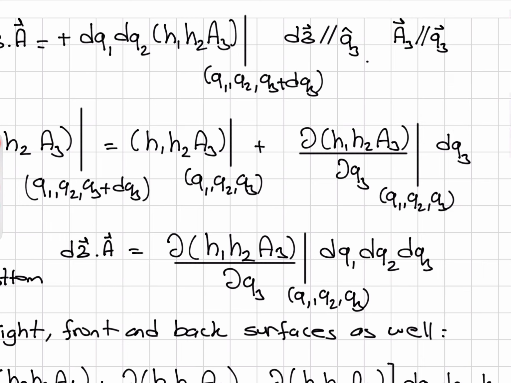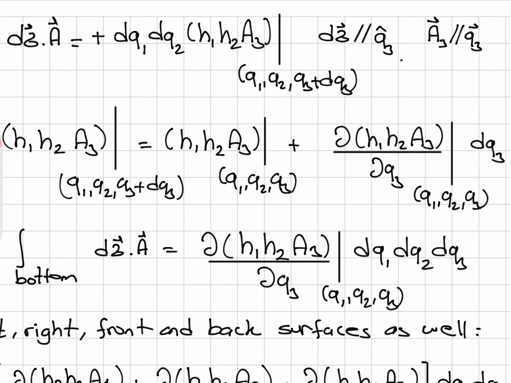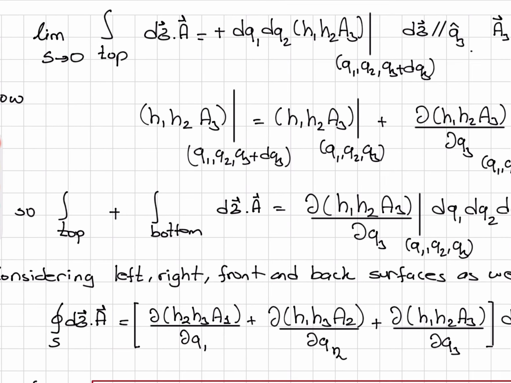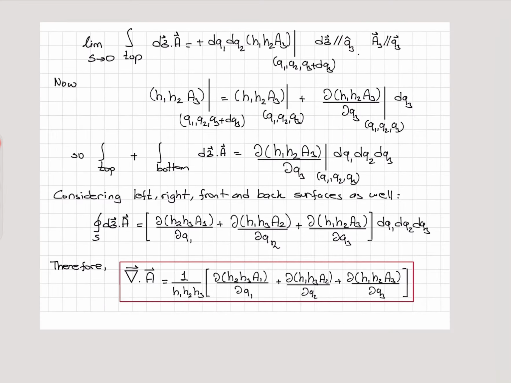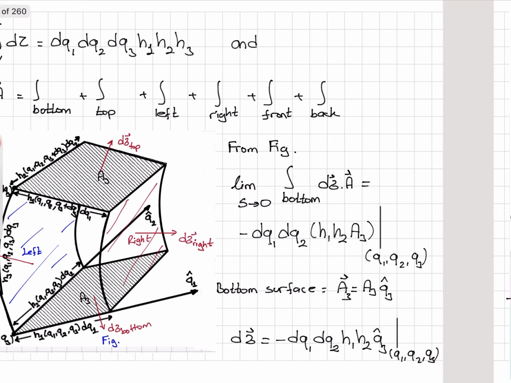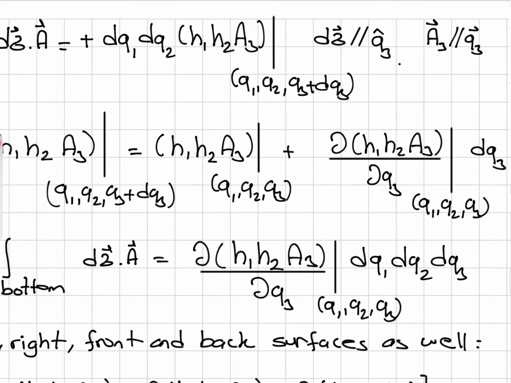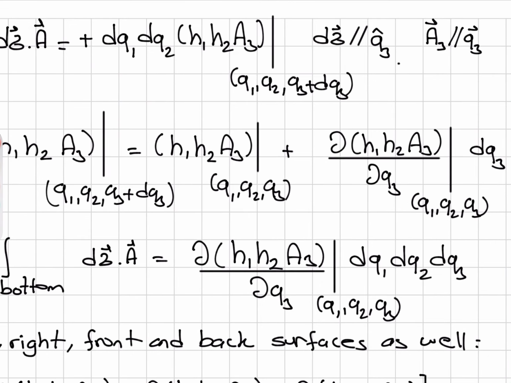That's the Taylor series expansion up to first order. So from the top I had this contribution, from the bottom I had this contribution, and those two would cancel out, leaving only the partial derivative of h1 h2 a3 with respect to q3, evaluated at q1, q2, q3.